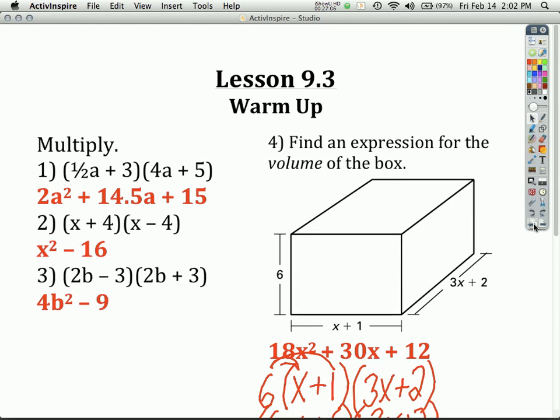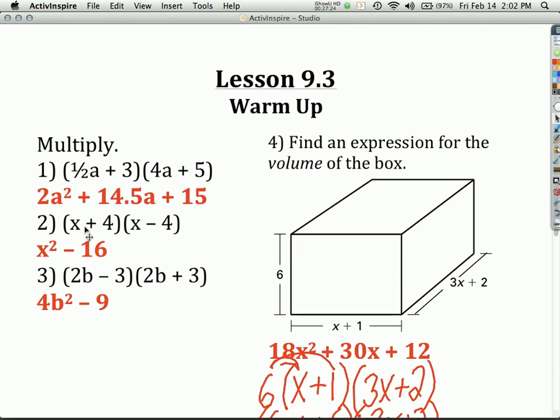But then Alicia pointed out something very interesting that happened in numbers 2 and 3. That the two middle terms canceled each other out. And then we went even further, and Catalina pointed out that it's the same expression twice, except that the operation symbols in between are opposite.